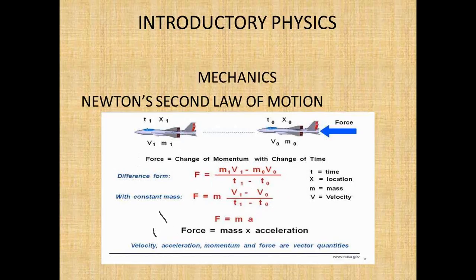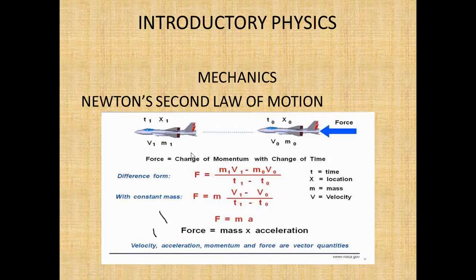Okay? All right, and we use this aircraft to show that at an earlier time, it's going to have a certain momentum. At a later time, it's going to have a different momentum. The mass of the airplane is going to be roughly the same.